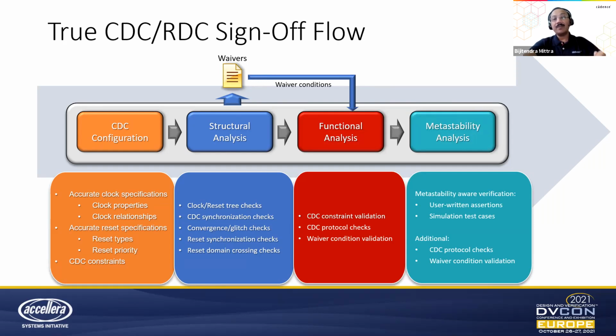And when it comes to metastability analysis, we need to do a metastability aware verification in either a formal or a simulation based environment. We can use assertions, we can use simulation test cases. And in addition, all these checks that we have generated or used in functional analysis can also be enabled when we are doing metastability aware verification to ensure that none of these things break under metastability effects.